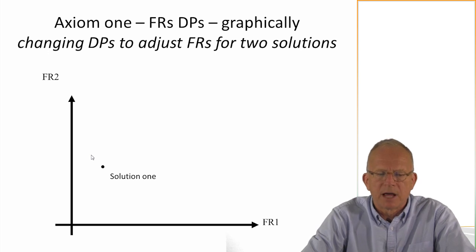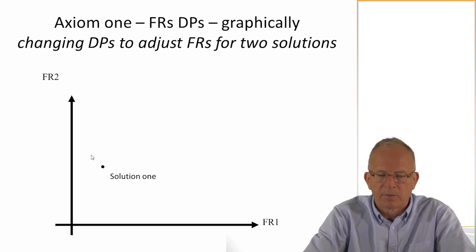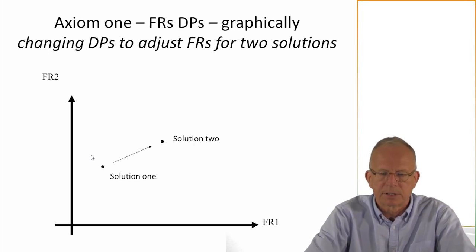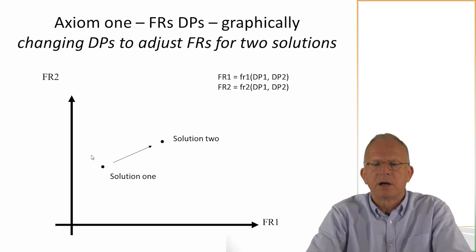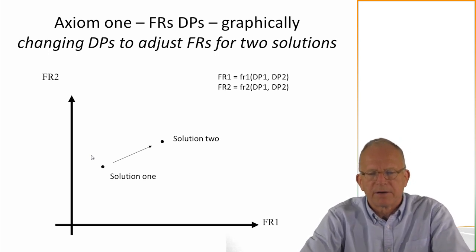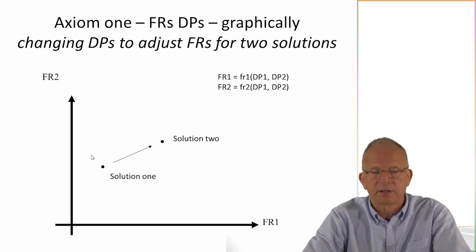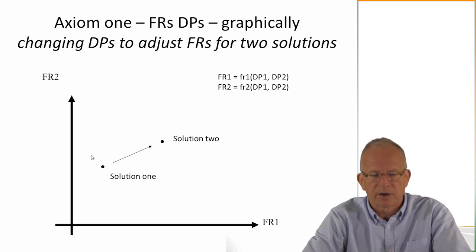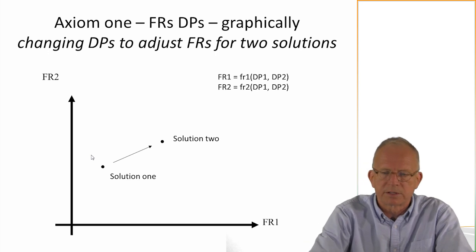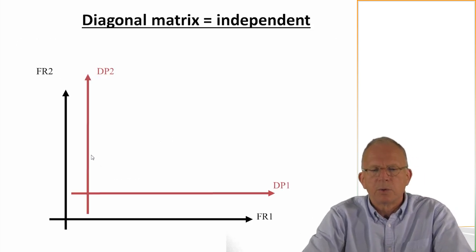So what happens if we look in the FR space, and let's just consider two FRs because it's easier to draw. We have one solution, then we'd like to move to a second solution. So we need to know what sort of functions the FRs are of the DPs in order to adjust the functions to meet a certain solution. We need to know how the DPs and the FRs map onto each other.